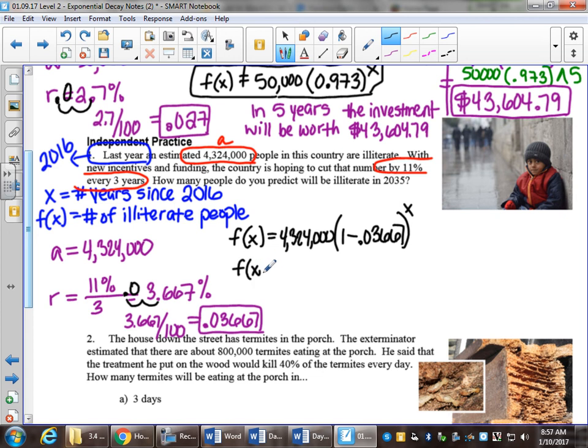F of x equals 4,324,000. And when we do 1 minus that rate, we get, inside parentheses, 0.96333333. So we'll just round that to a single 3. So we have 0.963 to the x. That's my model. Let's put it in a box.